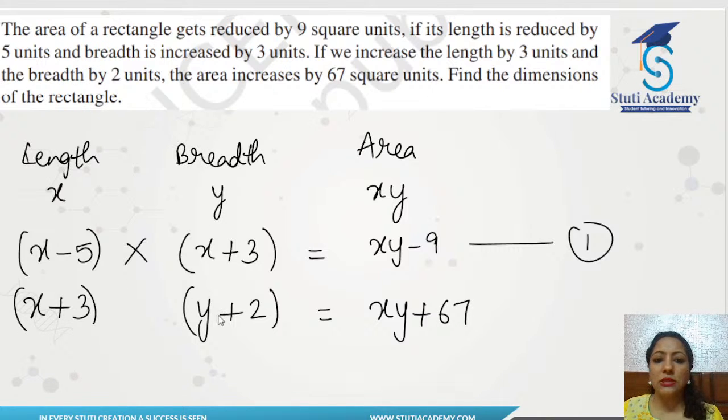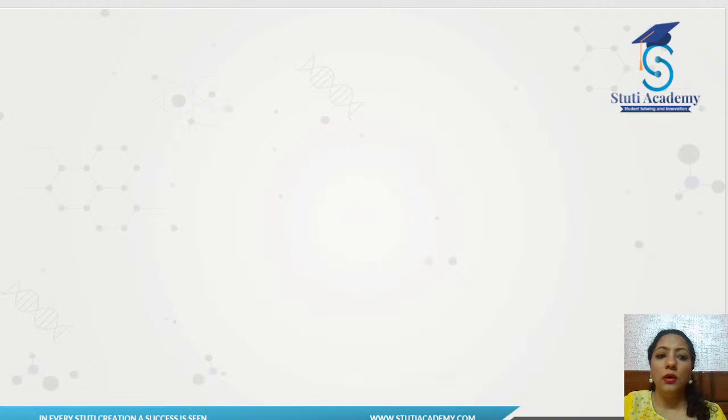So this is the length, this is the breadth, and the area is length into breadth, that's xy plus 67. From these two we get two equations. We are going to first simplify these two equations and bring them down to linear equations. So let's see. I'm writing the first equation here again.